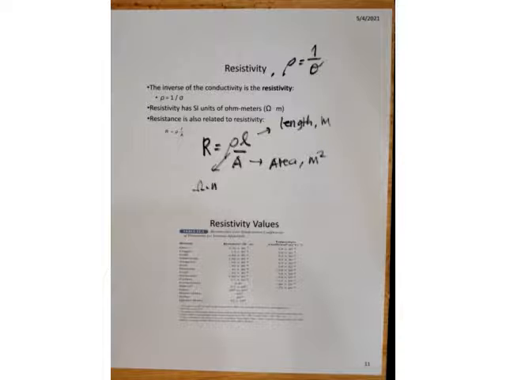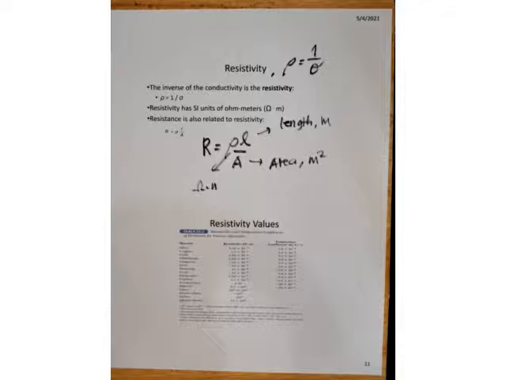Halimbawa dito, okay, class, ano ang material na tinatawag na best conductor? Kasi, ang resistivity ay inverse ng conductivity. So, ibig sabihin, kung mataas yung resistivity dito, mababa yung kanyang conductivity. Or vice versa.